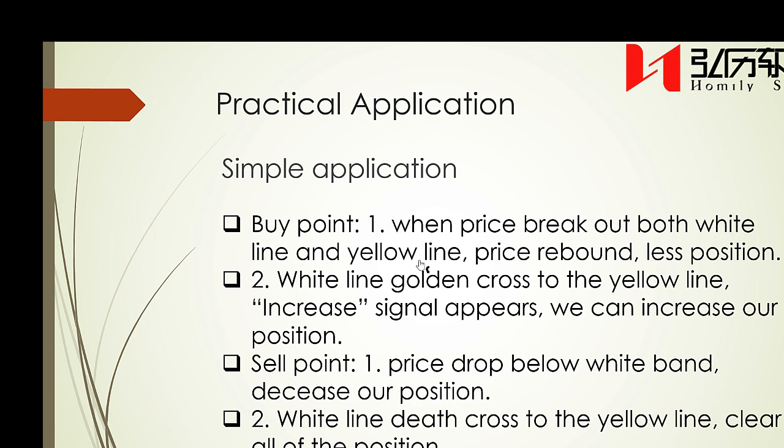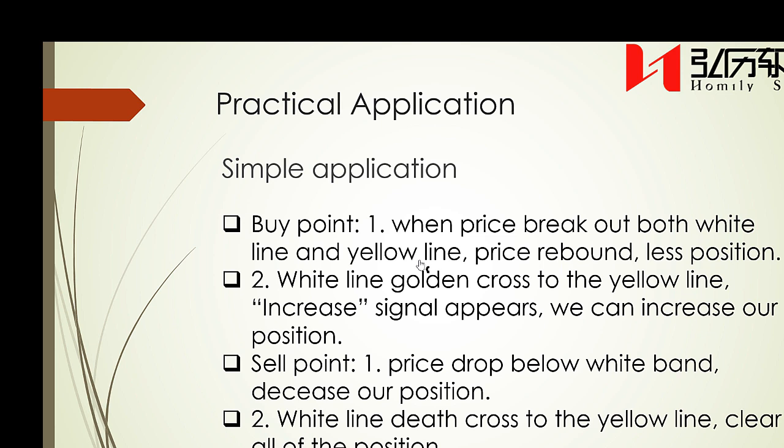And then how about the sell point? We can see here the price drops below the white band. It means the price has already broken down the mid short-term trend. So here we should sell and decrease our position, because it is still above the green line, so it is still an uptrend, but the short-term trend is broken.